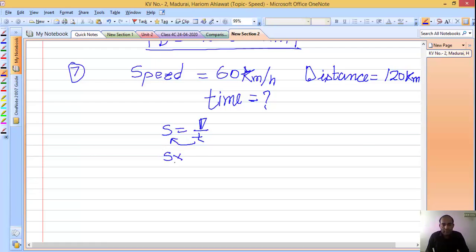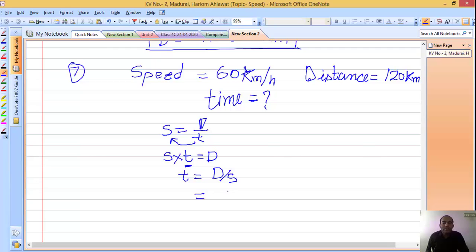Speed into time equals distance, but you want to find out the time, so you have to send the speed there. So when you send the speed there, the multiplication will change into division. So time equals distance upon speed.